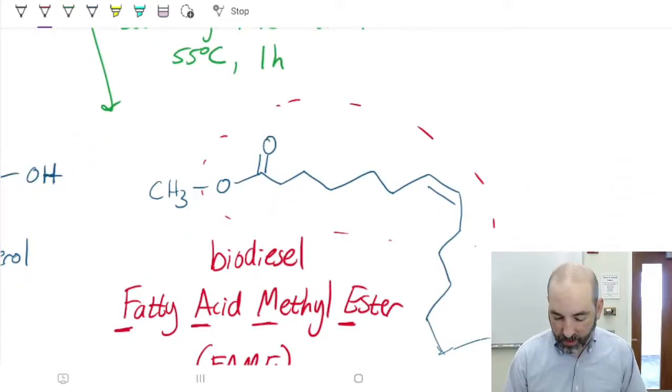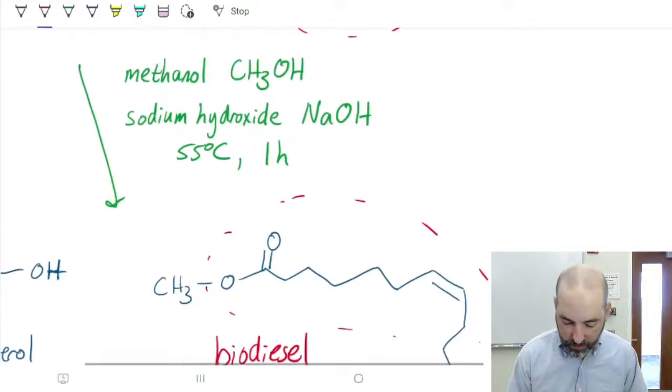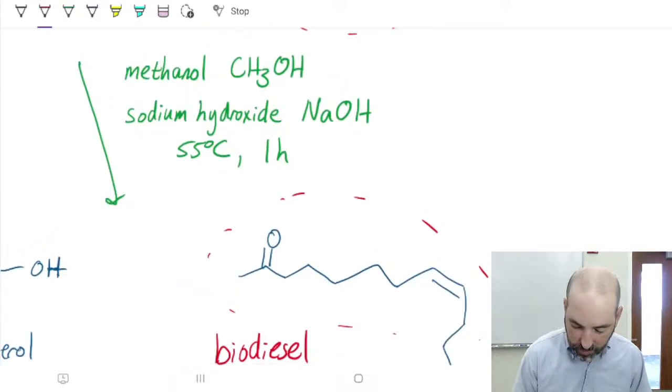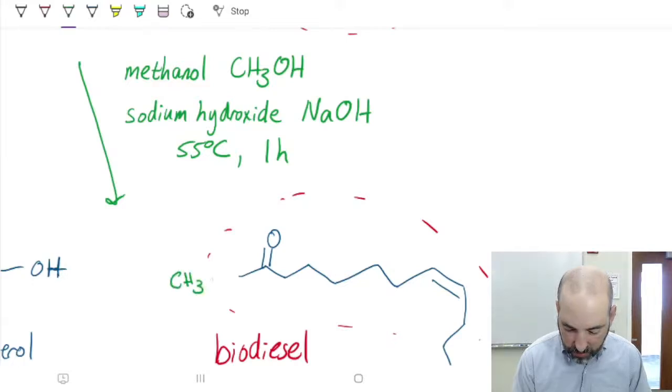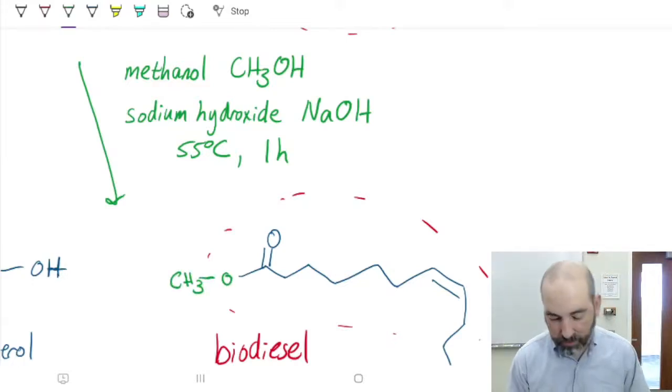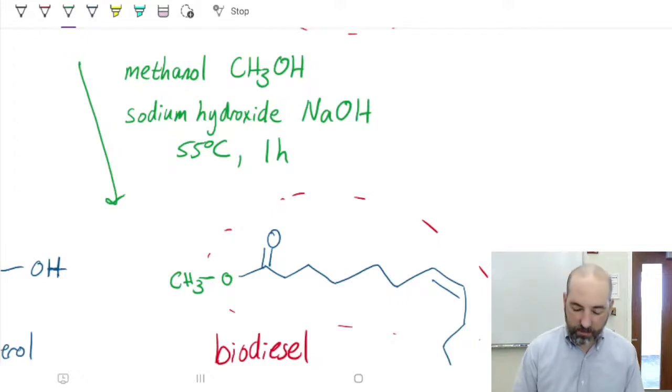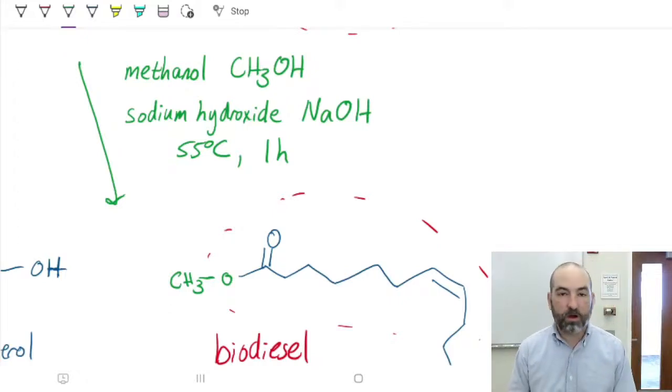And that actually comes from the methanol. So if we use color here to show our reagents as they were above, it's actually the methanol that provides that CH3 and O to do that connection.